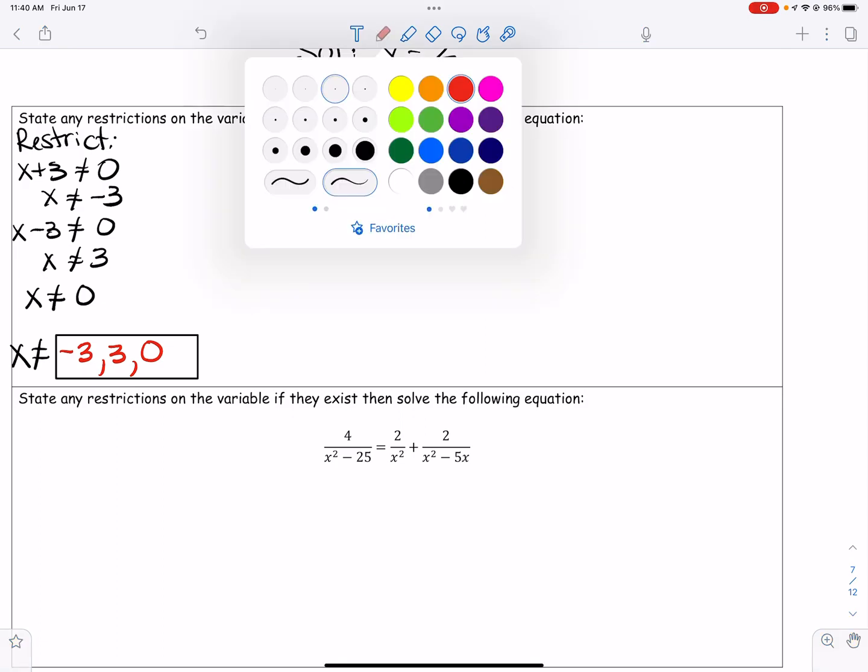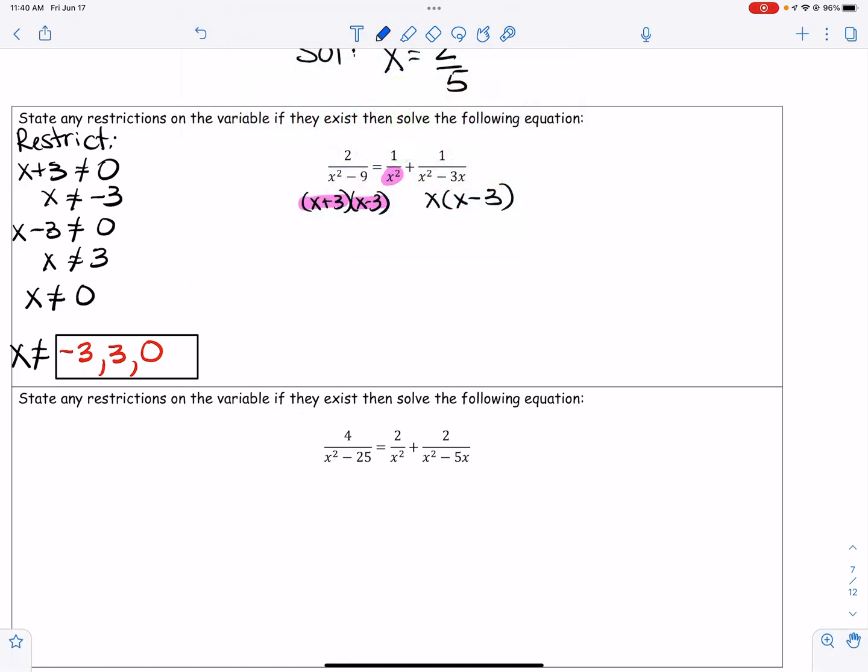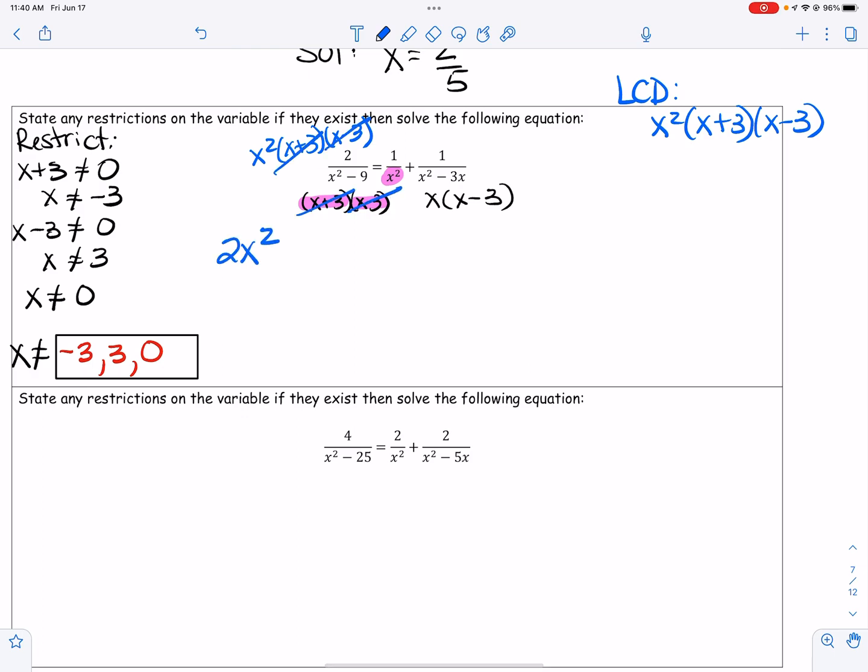Okay? So I'm going to write my LCD. I'm going to put it over here. My LCD is going to be x squared times x plus 3 times x minus 3. So if I write that, x squared, x plus 3, x minus 3, these are going to cancel out, and I'm left with 2x squared equals x squared, x plus 3, x minus 3.